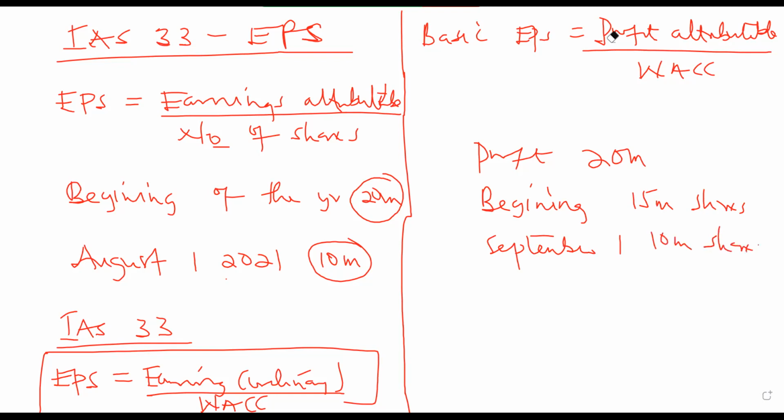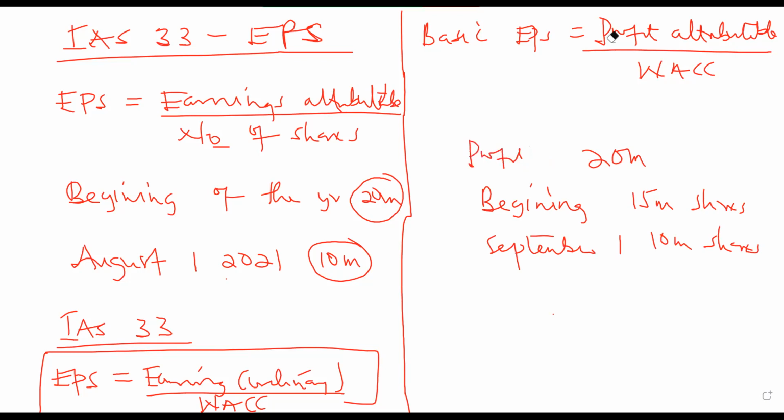Which of these shares will be used for the full year? Which of these shares is going to have a full year impact on the profit? The 15 million. But the 10 million, how many months impact? 4 months.